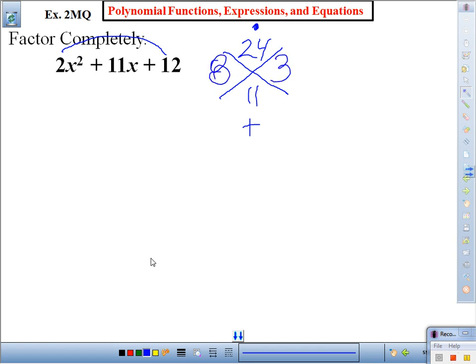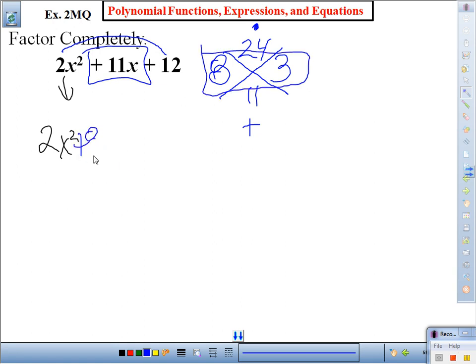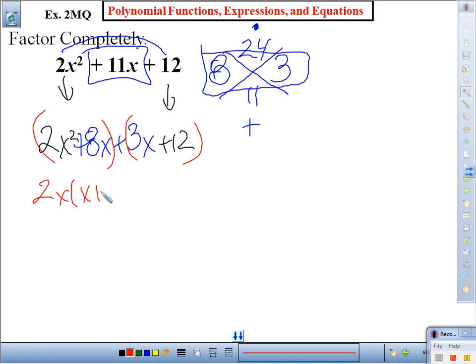8 and 3. So we rewrite this, bring this down. 2x squared. Instead of 11x, I'm going to write 8x plus 3x. Bring down the 12 and group. GCF for these two is 2x. We're left with x plus 4.